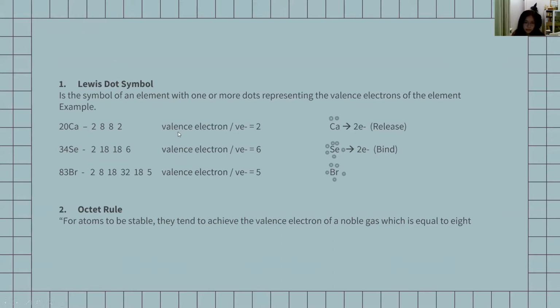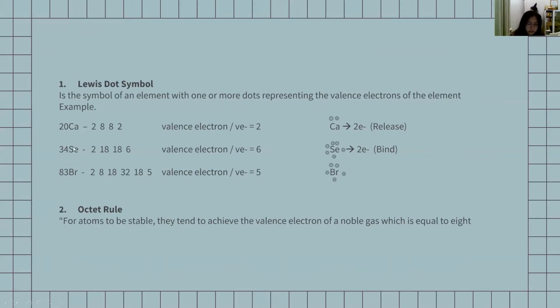The valence electron is the last, or the outer shell, which is 2 here. We can write it as valence electron or Ve-. And so we can put dots or X. I will put dots here, and there are two because it has two valence electrons.